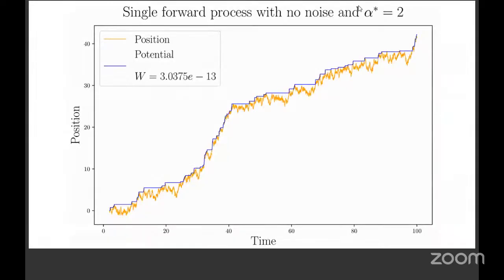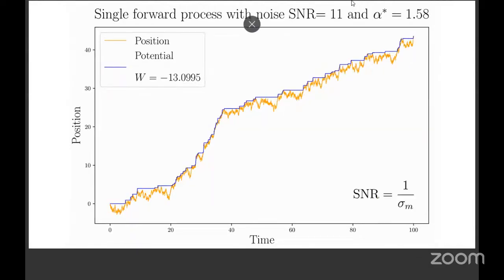Here is a realization of the experiment for the case of perfect measurements. And here is a realization for the case of noisy measurements. I will measure noise not with the amplitude of the Gaussian noise, but with its inverse that I call SNR, or signal to noise ratio.